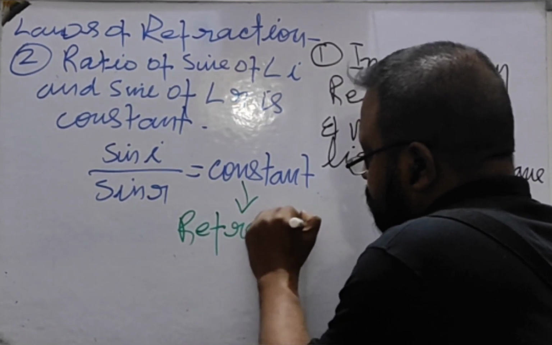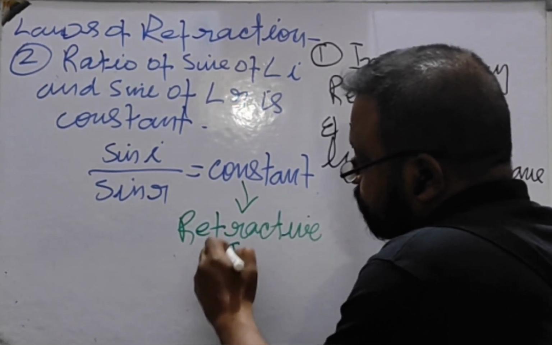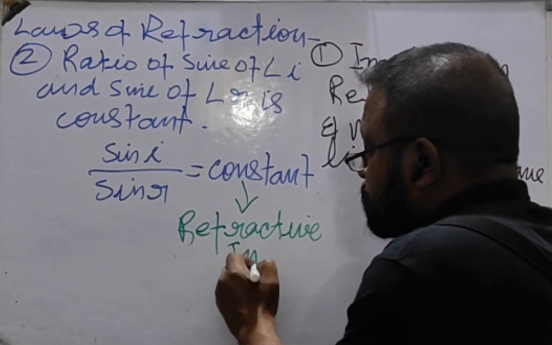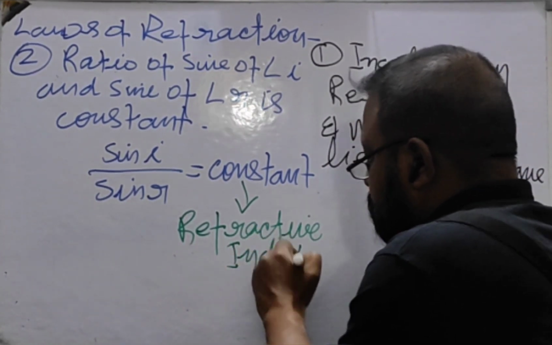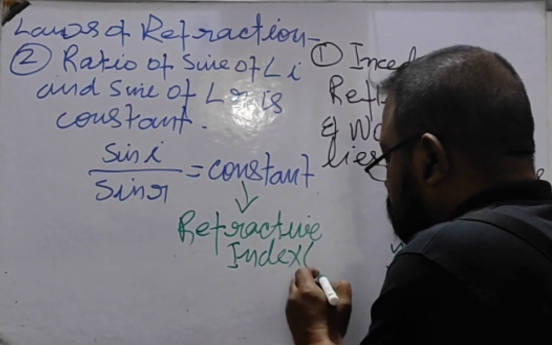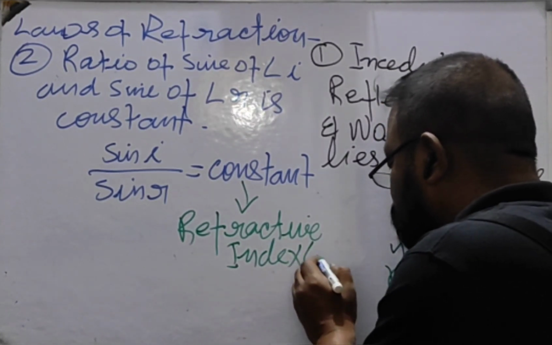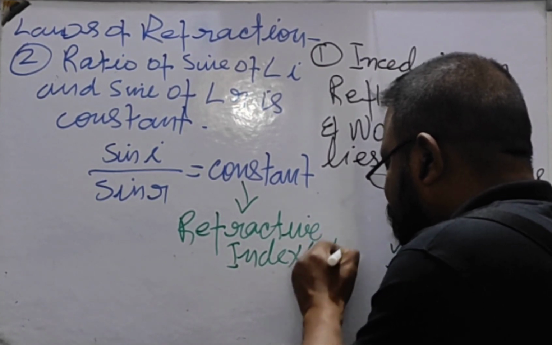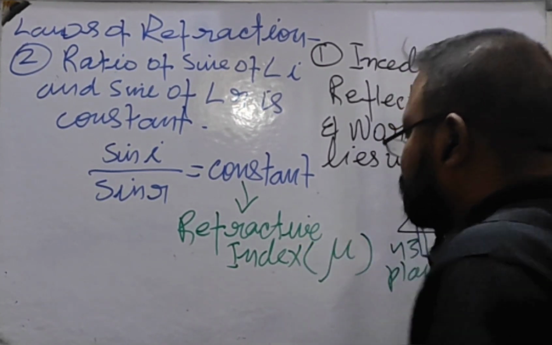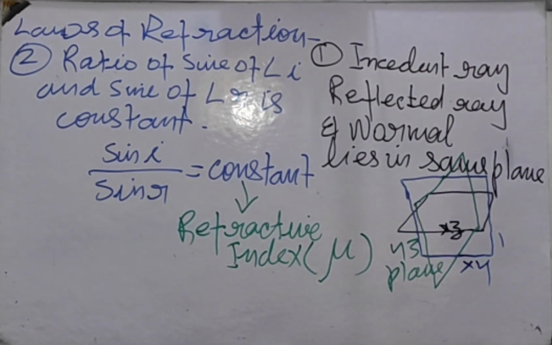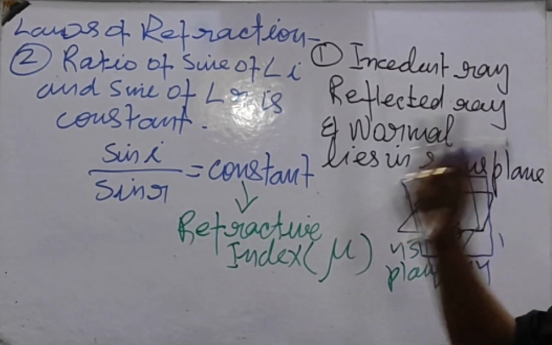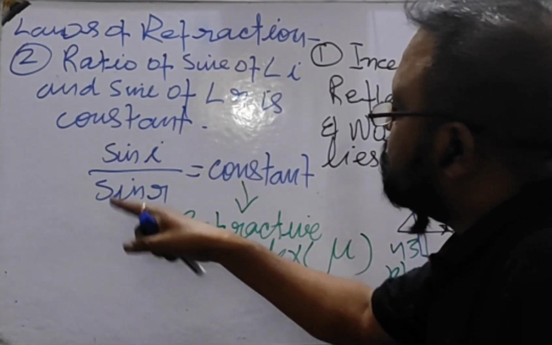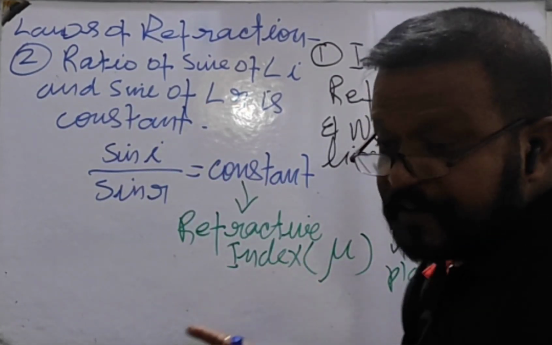We write it like this, it is called mu. This is refractive index, and this is the second law. Sine i upon sine r is a constant, that is known as refractive index.